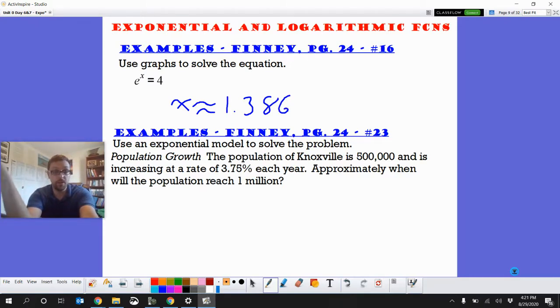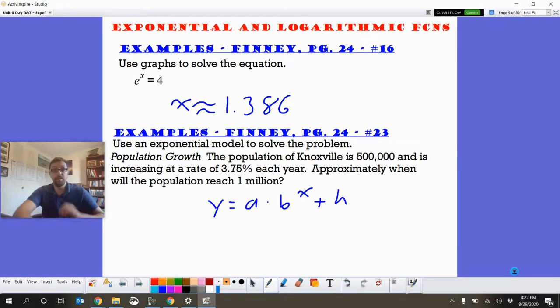So we've got a word problem here now. We're going to use that general form, y equals a times b to the x plus h. So our growth rate is increasing at a rate of 3.75 percent per year. So we want to take that percent and turn it into a decimal: 0.0375. Now, if I just use 0.0375, that's less than 1.